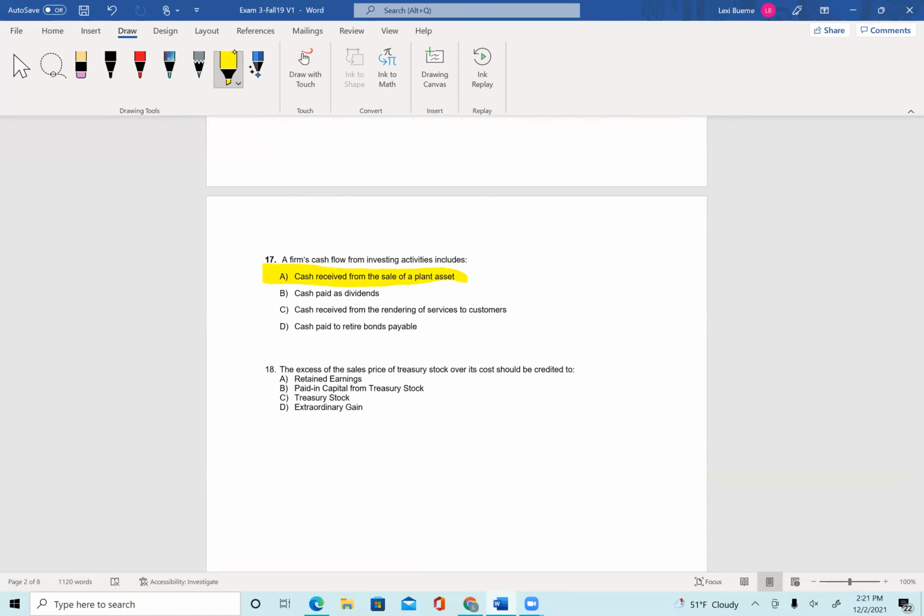So that's most similar to equipment, like dividends, that's financing, received from revenues and services to customers, operating, bonds payable, financing. So 18, the excess of the sales price of treasury stock should be paid in capital from treasury stock. So that when it's in excess, paid in capital is always the difference. So that's how you know it's paid in capital for this one.